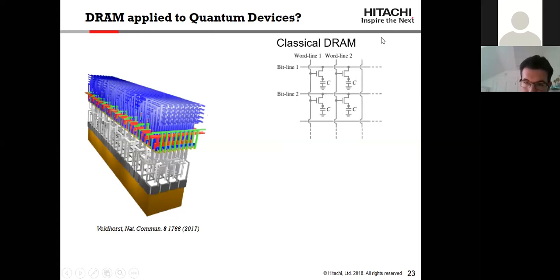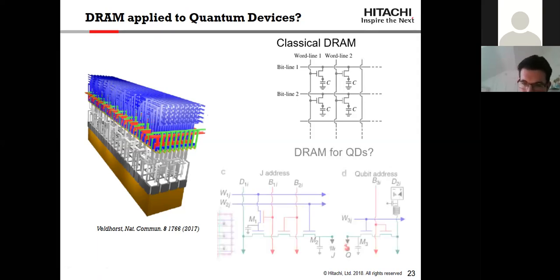Just to tell you a bit more about classical dynamic random access memory, those are constituted by a two-dimensional array of capacitors, that's your bit, and control transistors that can be activated by a series of word and bit lines. So you can address a single unit in that array.